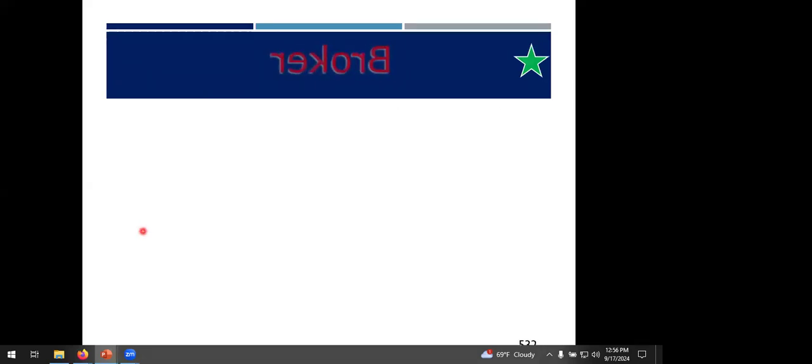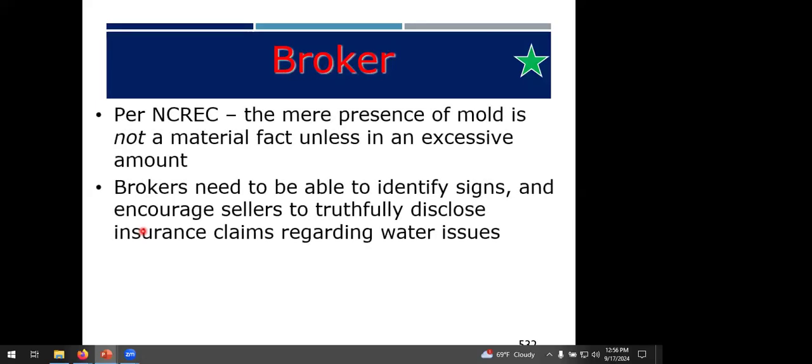When it comes to mold, our role, our responsibility: the Real Estate Commission says, don't get excited about mold unless it's an excessive amount. They consider an excessive amount anything more than 1 square foot. We're looking for little red flags about mold, signs of previous leaks.